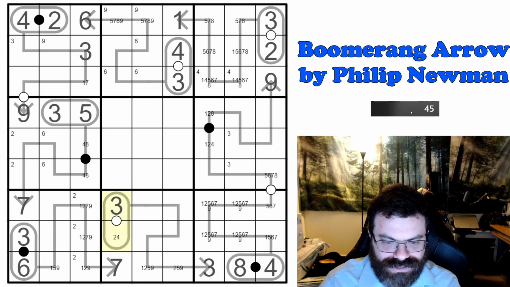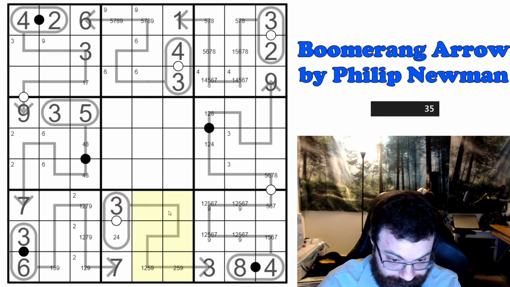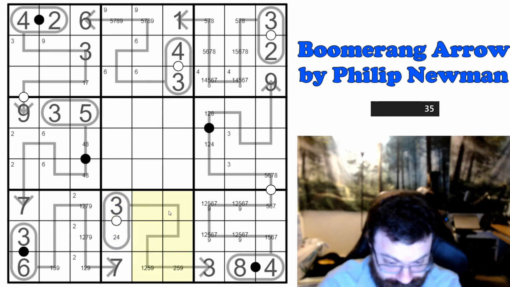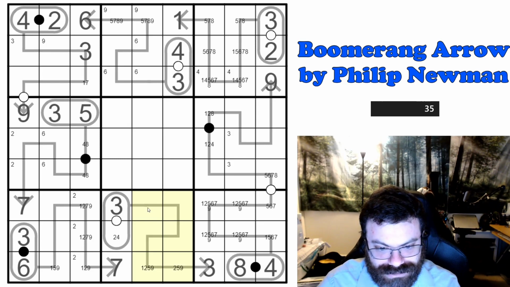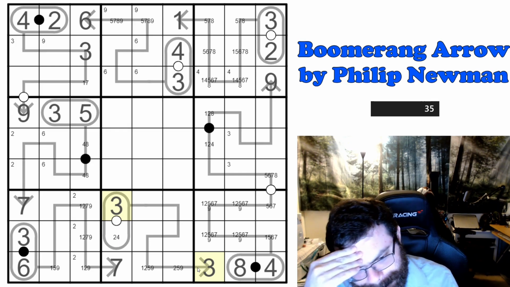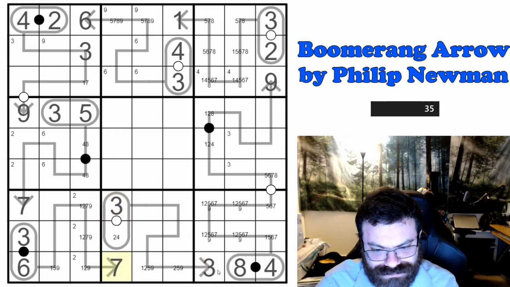So 45 minus 7 minus 3, that's obviously 35. That seems bad. Okay, I don't think it's bad. These two are equal. It's the 7 here. So the difference of 4.